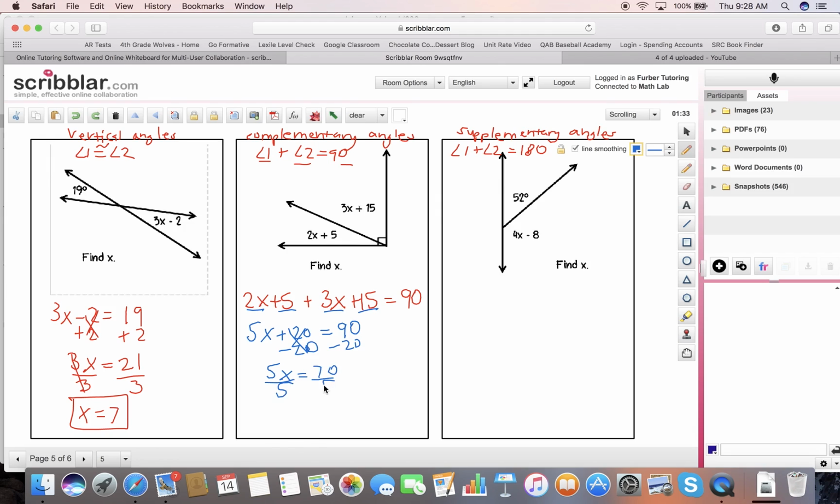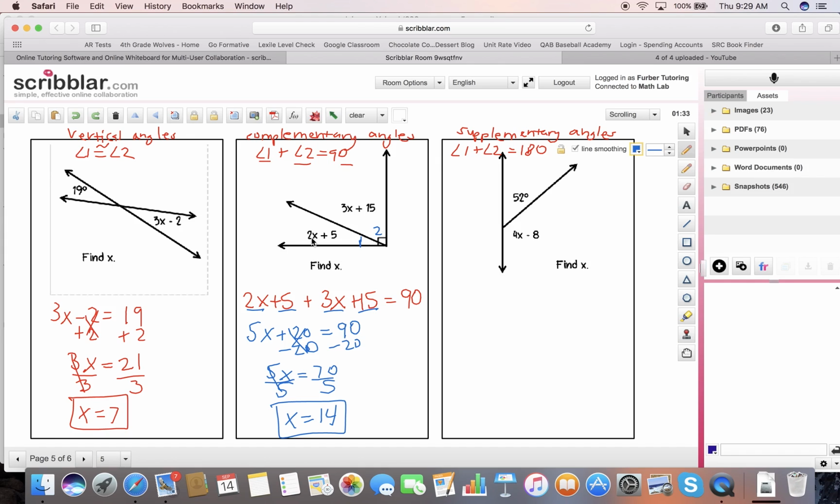If I divide by 5 so I can solve the equation for x, I'm going to get that x equals 14. Now I could find out what the measurement of each of these angles is. I would just plug 14 into this and then plug 14 into this. Or plug 14 into this and find out what it is and then subtract from 90.